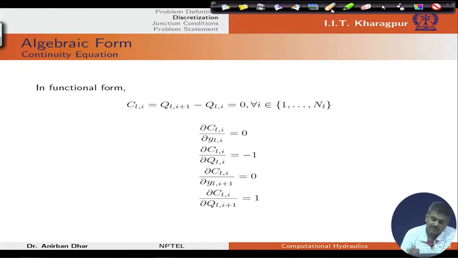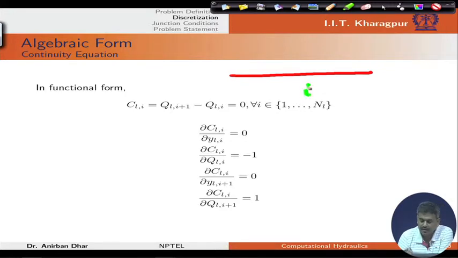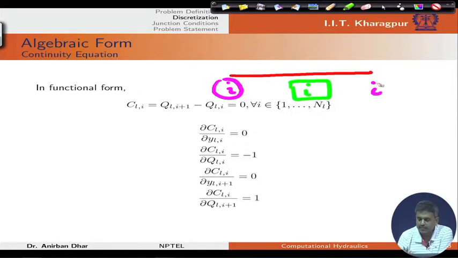Now, in each case, if we consider the ith reach, let us say this is the ith reach, and we have I and I plus 1, these two are sections.